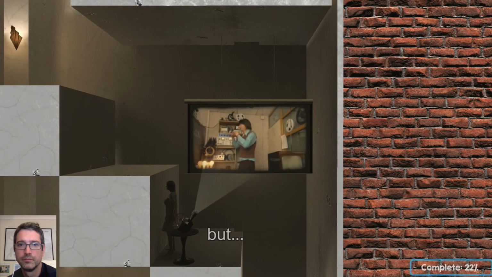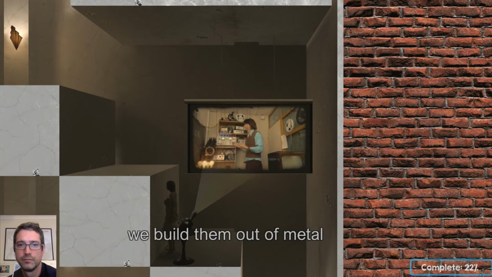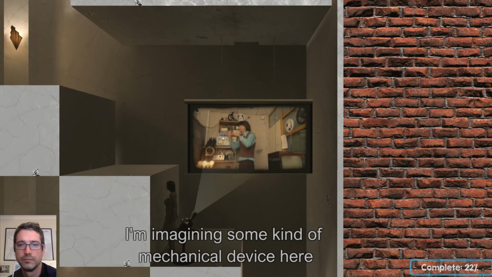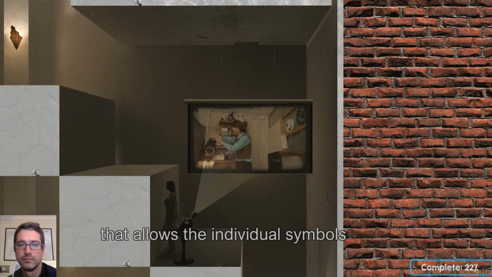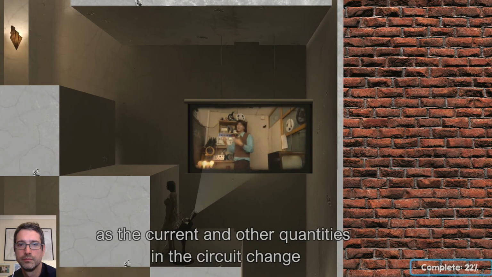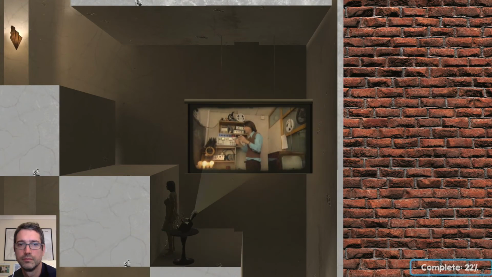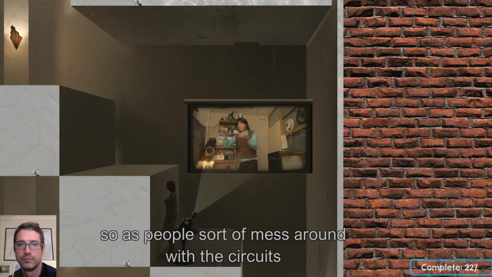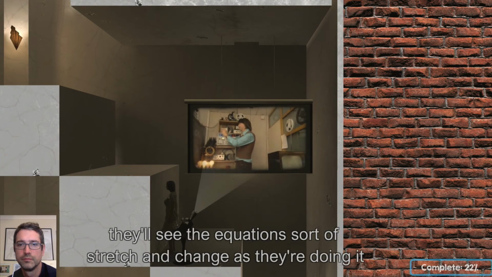But we build them out of metal. I'm imagining some kind of mechanical device here. And then that allows the individual symbols to grow and shrink as the current and other quantities in the circuit change. So as people mess around with the circuits, they'll see the equations stretch and change as they're doing it.